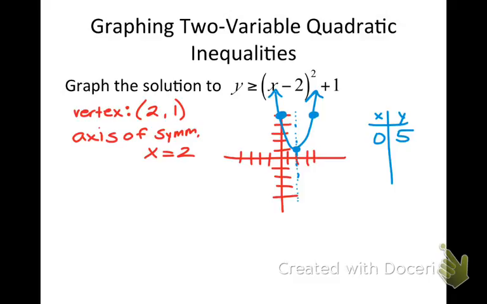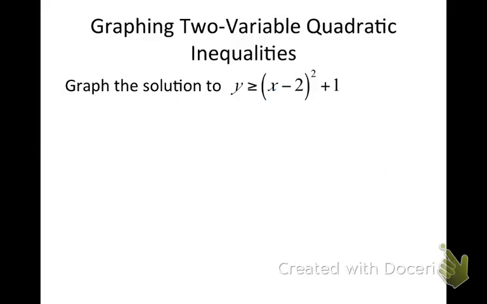If I shade on the inside, it's only keeping my y value from getting larger. So I'm going to shade on the inside. Okay? So if it says graph on a number line, that's when you put it on a number line. If it says just graph the solution, then you have to physically graph the parabola and then do your shading.